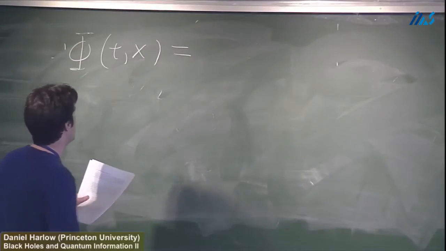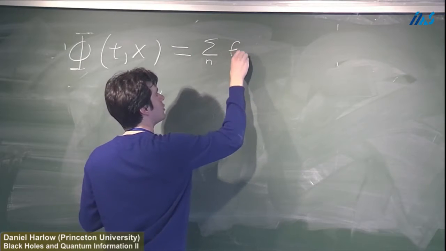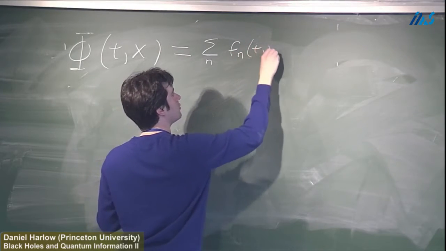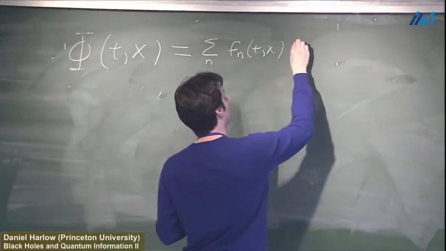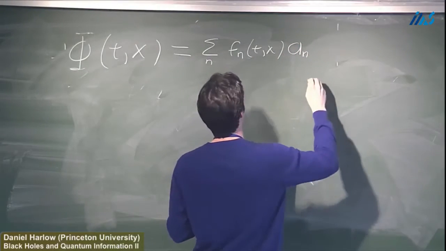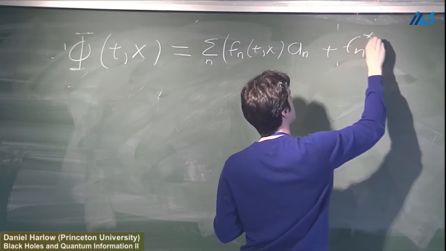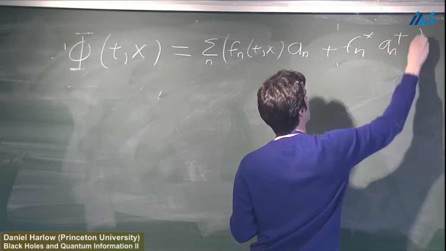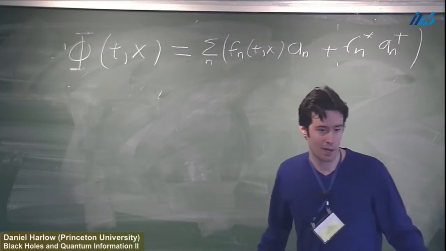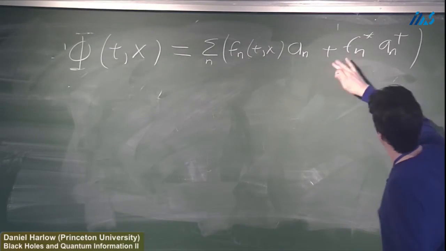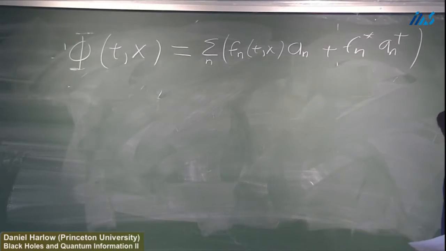Then you want to write it as some sum of classical solutions of the equations of motion, which I called modes, F_n, with creation and annihilation operators for those modes: F_n star, A_n dagger. I'm choosing the field to be real, or Hermitian, since it's an operator, and that's why the thing that appears here has to be the star of the thing that appears here.